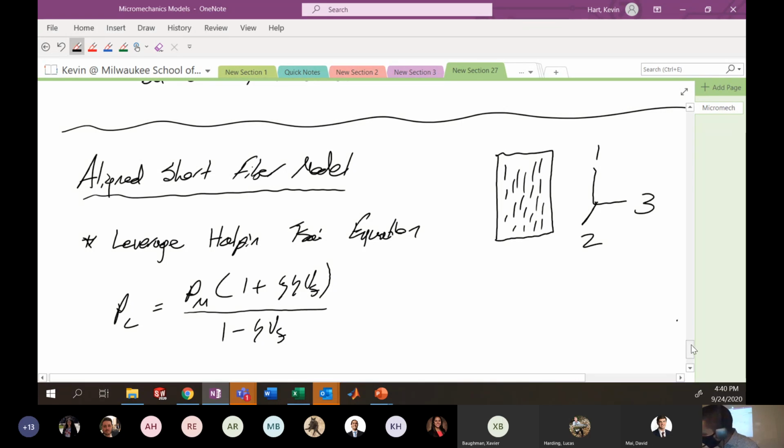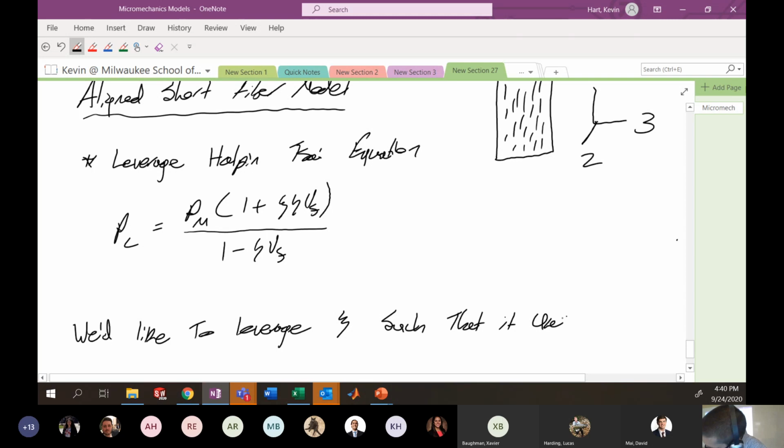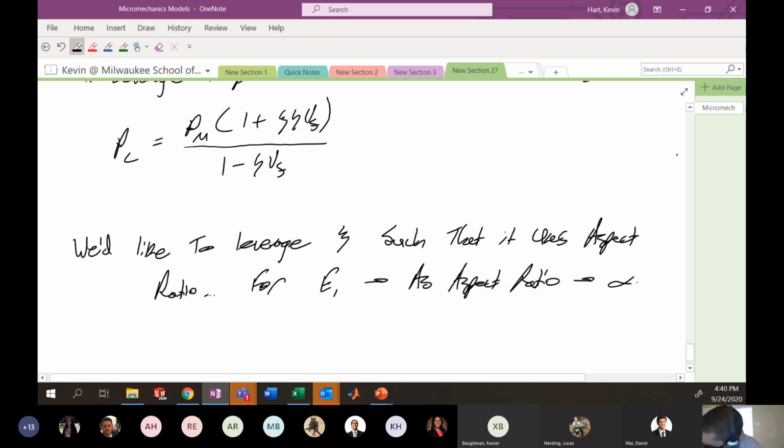So for instance, for E1, as the aspect ratio goes to infinity, xi should also go to infinity, because that is the parallel model, which is normally what we'd use if we had continuous fibers and we're trying to calculate E1.